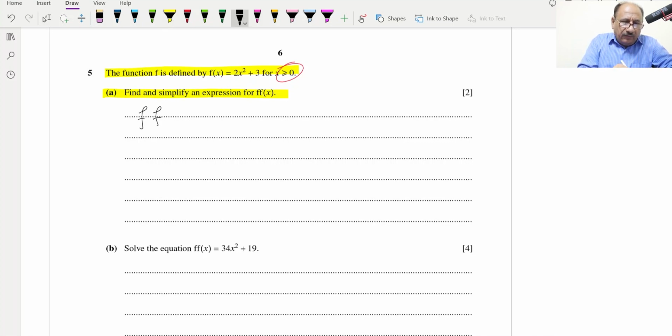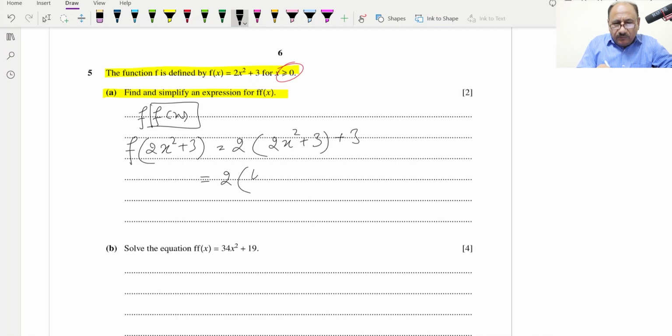First we take f of x, which is 2x squared plus 3, and we replace x by 2x squared plus 3, so we get 2 times (2x squared plus 3) squared plus 3. We can open the square: 4x^4 plus 9 plus 6 into 2 is 12x squared, and plus 3.